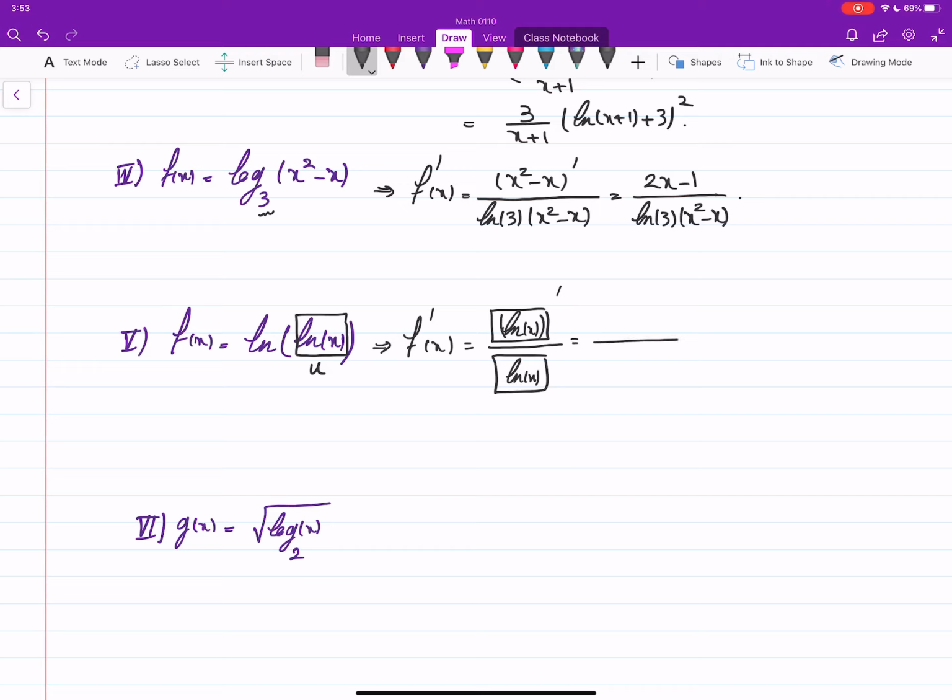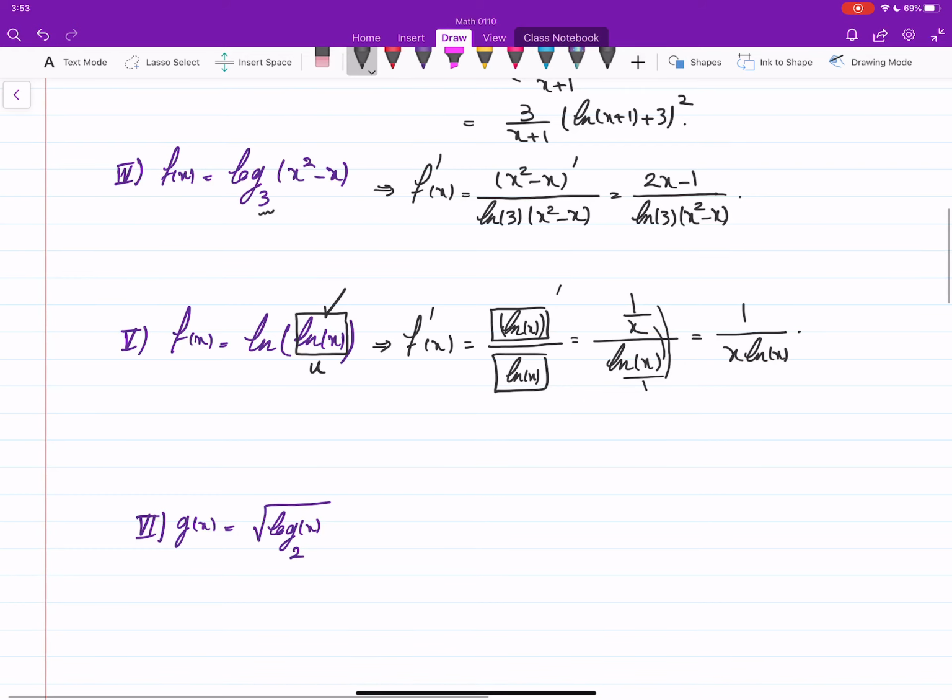In the numerator, we have to find the derivative of the box inside. So the derivative of ln x is 1 over x. And in the denominator, we had this ln x. Now you multiply this and that. You get 1 over x ln x.